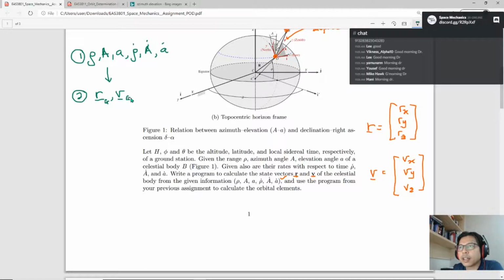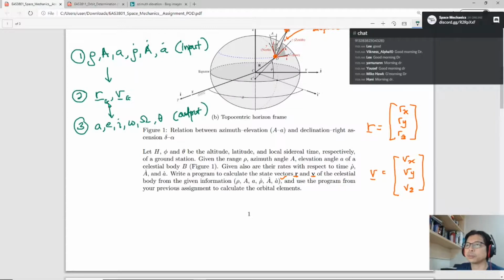And then finally you need to find all the orbital elements. So 3 steps. You need to write a program. This is the input, and then your output will be this one here, the final output, but you have to go through process number 2. Okay, so this is your task for this one.